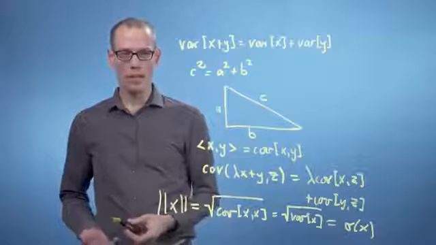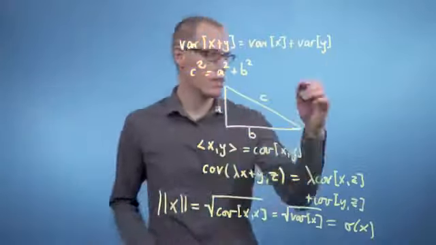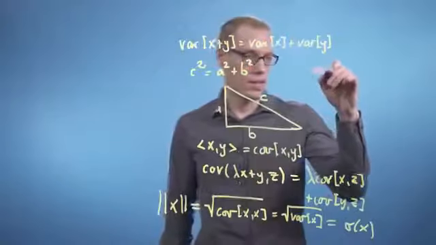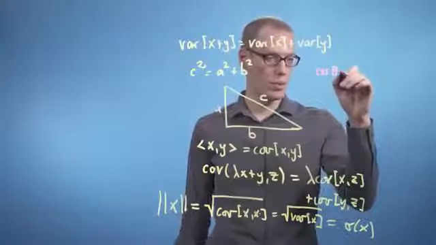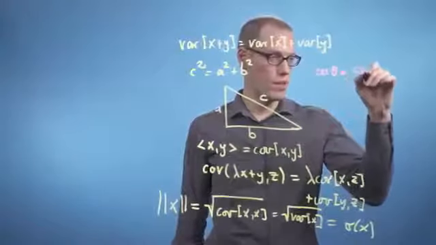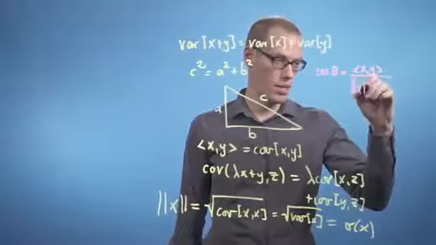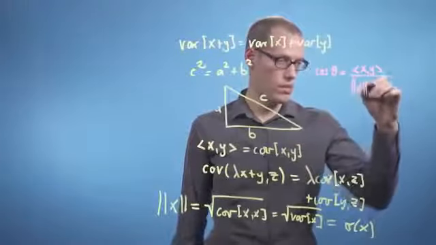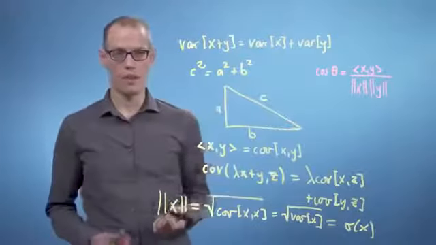If we now look at the angle between two random variables, we get the following relationship. The cosine of theta, which is the angle between two random variables, is by definition the inner product between the two random variables divided by the length of the first random variable times the length of the second random variable.